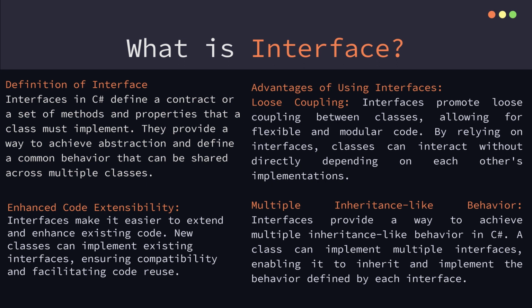A class can implement multiple interfaces, enabling it to inherit and implement the behavior defined by each interface. Enhanced code extensibility: interfaces make it easier to extend and enhance existing code. New classes can implement existing interfaces, ensuring compatibility and facilitating code reuse.